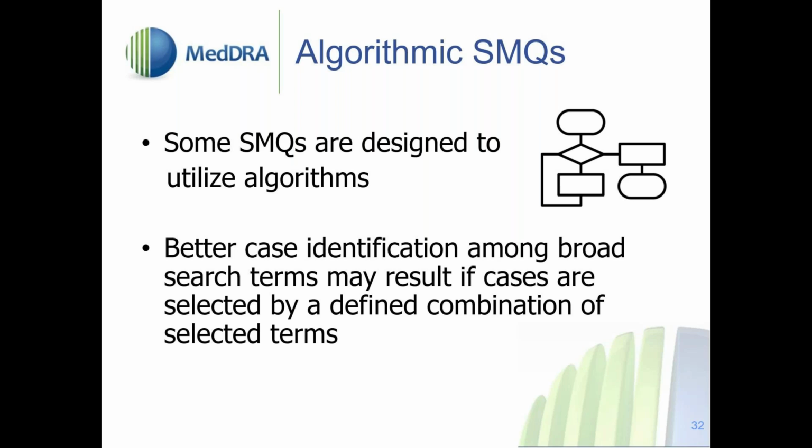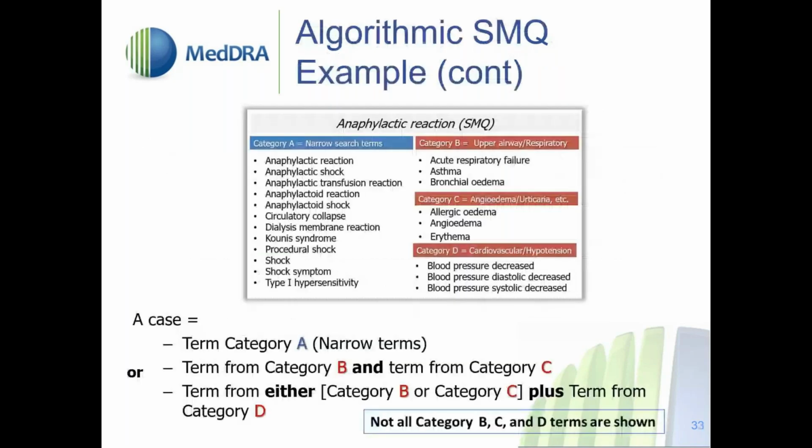The broad terms of algorithmic SMQs get subdivided into categories that could be groupings, maybe organ specific, signs or symptoms, labs, and so on. So I'll give you an example of an algorithmic SMQ, anaphylactic reactions. So anaphylactic reactions can have narrow terms.